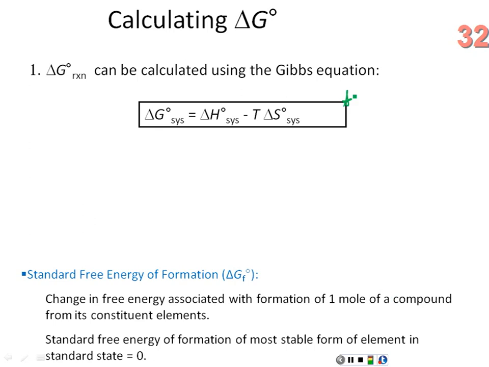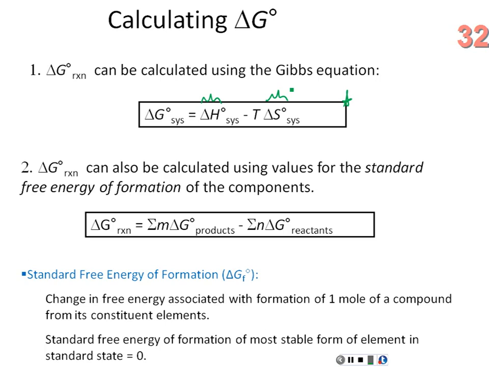In this method, we first need to calculate delta H naught of a reaction, and then we need to calculate delta S naught of the reaction, and then use this equation. So there are 3 steps in this method. The second method, we can actually calculate the standard free energy change of a reaction using tables of standard free energy of formation of the components.